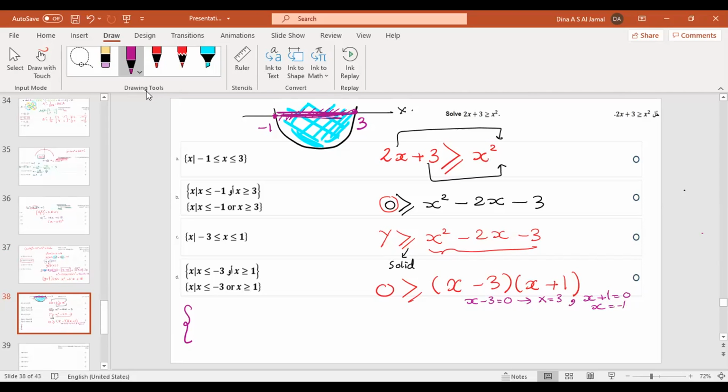And by using the graph, I know that the solution is between these. And whenever I'm saying between, that means I will be using and. So your solution set will be x such that your solution is between x minus 1 and 3.